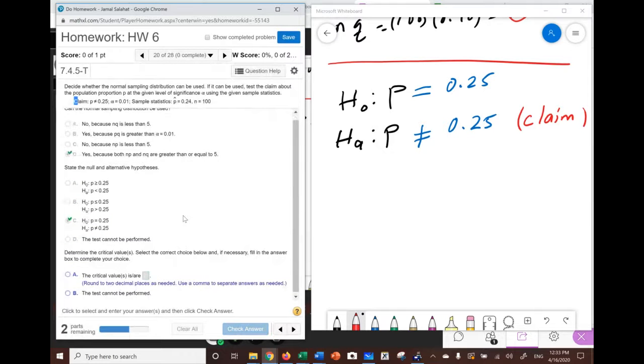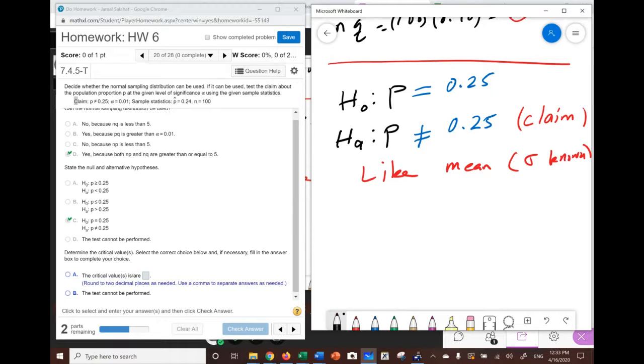The next part of the problem will be to determine the critical values and select the correct choice. To find critical values for a proportion is like for the mean when sigma is known. Same steps.